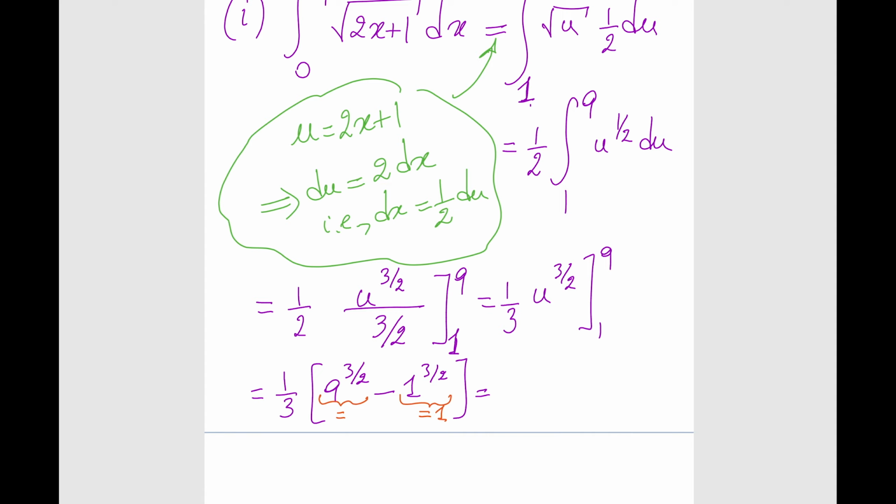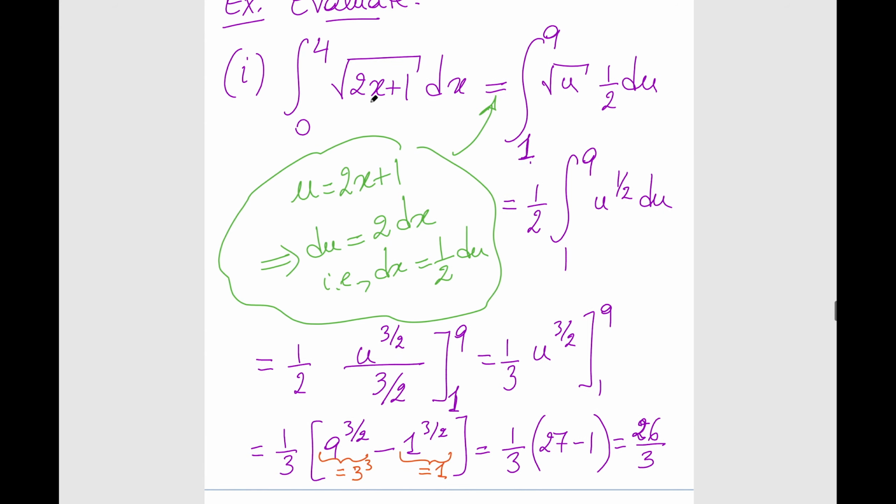What's 9 to the power 3 over 2? 9 to the power half is 3, so this becomes 3 cubed. It's the square root of 9, the whole thing cubed. Square root of 9 is 3, 3 cubed is 27. So that's 1/3 times 27 minus 1, which is 26 over 3. Make sense?